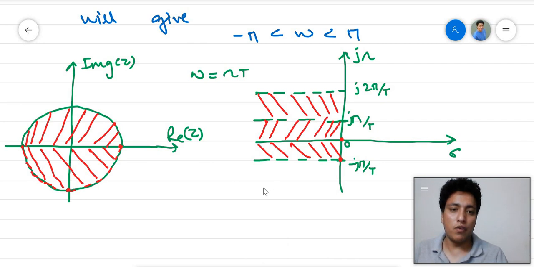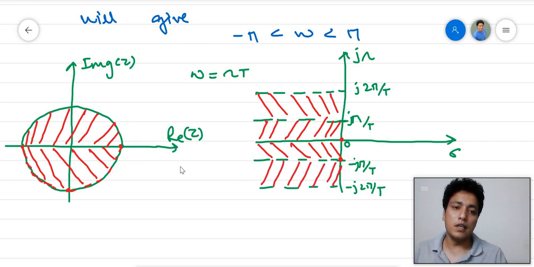And if we go from minus j pi by T to minus j 2 pi by T, then the shaded region will be like this. So we can clearly see this is a many to one mapping. That means this mapping alone covers the complete unit circle.